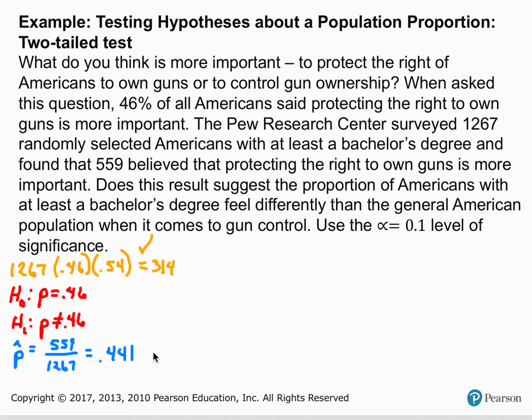Okay, let's do our test statistic. Okay, so we've got 0.441 minus 0.46, right? P hat minus P sub naught, over the square root of 0.46 times 0.54 over N, 1267.